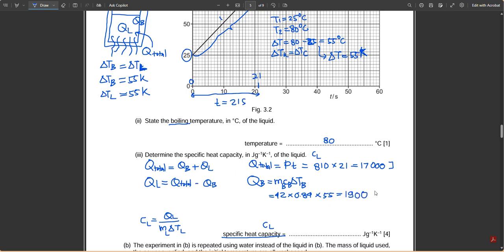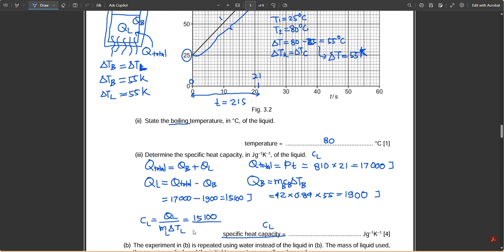Don't forget, this is heat, so it's joules. Okay, now we've got the QB already. Let's move the QB here. Q total is already 17,000, right? And the QB is 1,900. And then what do you get? Use the calculator again. 17,000 minus 1,900 is 15,100. It's joules because it's heat. We get the QL.